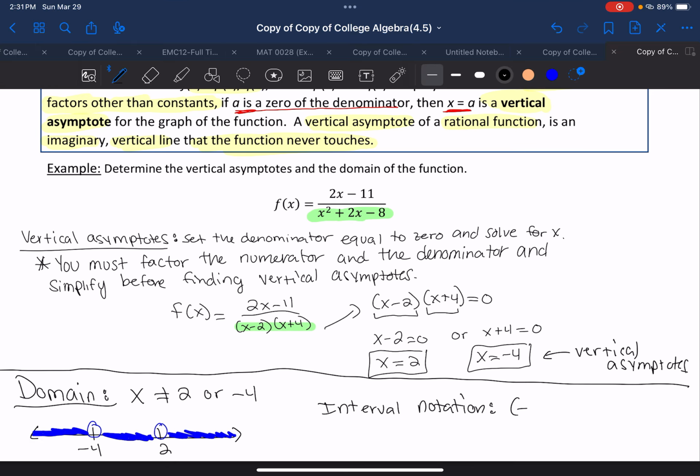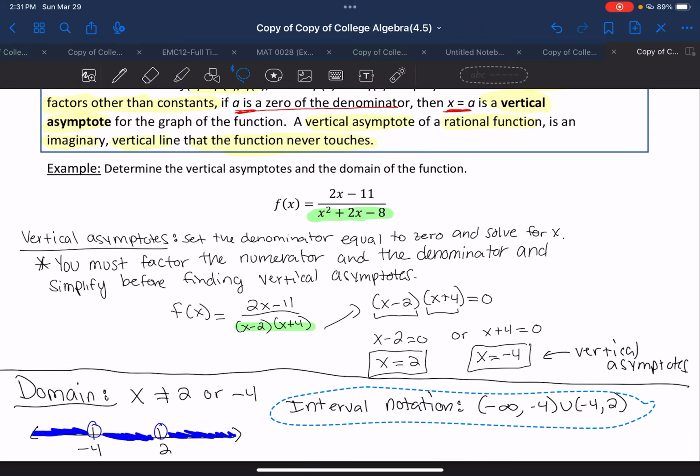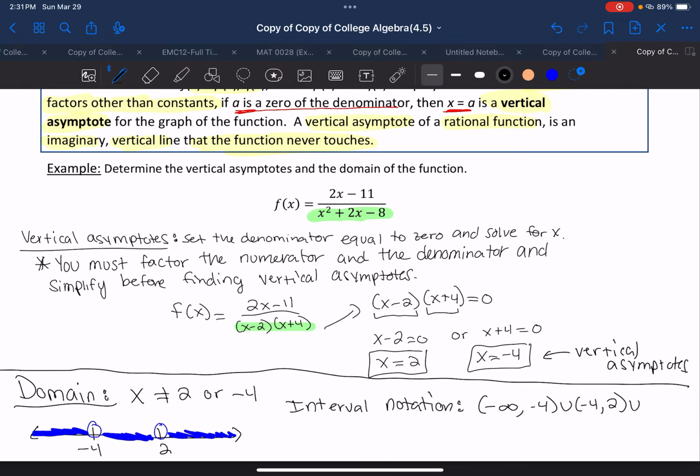It starts all the way at -infinity and goes to -4 with a parentheses because it can't equal -4. Then it includes all the numbers from -4 to 2, excluding -4 and 2. And finally, it has the interval of all values from 2 to infinity, but not including 2, so it gets a parentheses. So this is my domain in interval notation: all numbers except for -4 and 2.